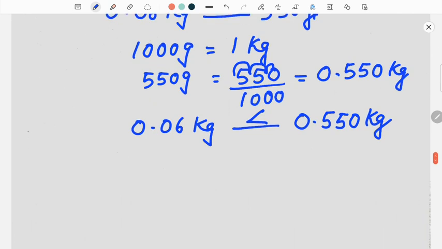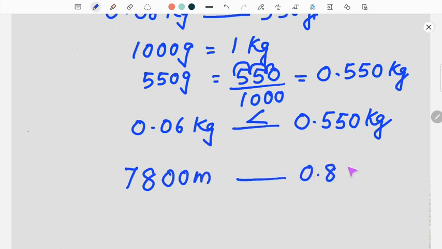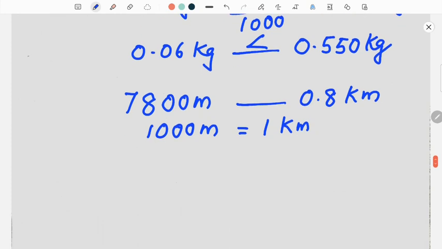Let me show you one more example. 7,800 meter and 0.8 kilometer. Here change meter to kilometer. 1000 meter is equal to 1 kilometer. So to change meter to kilometer, divide by 1000.